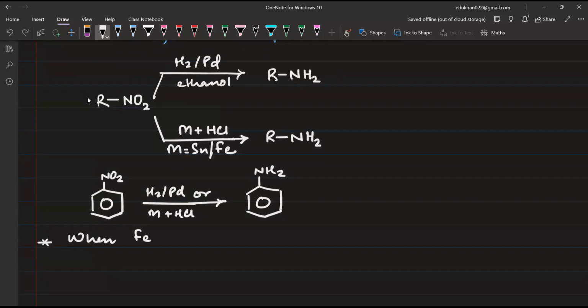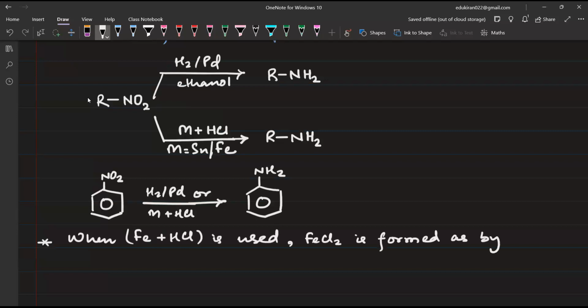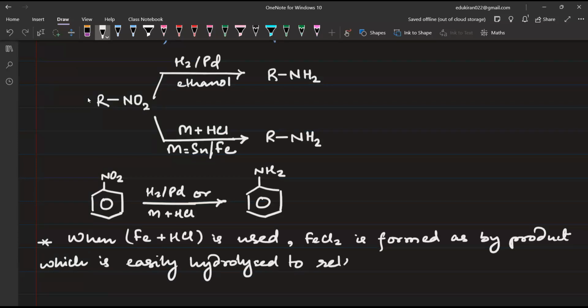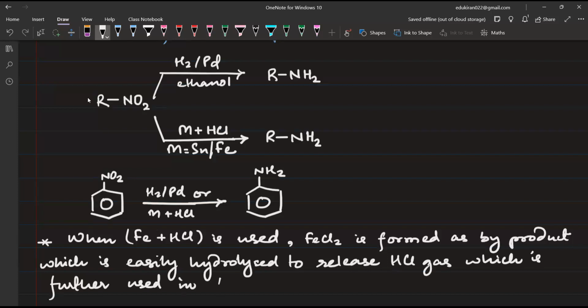When Fe plus HCl is used, FeCl2 is formed as a byproduct, which is easily hydrolyzed to release HCl gas, which is further used in the reaction.